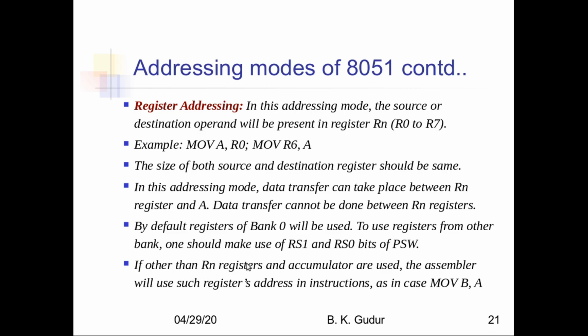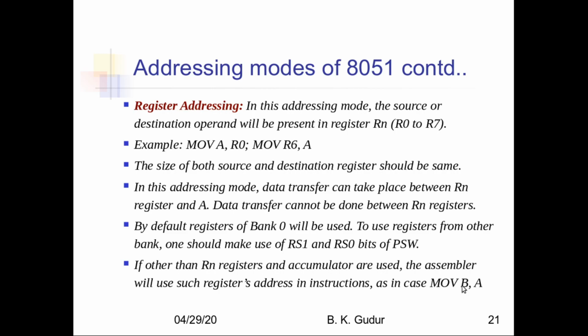If registers other than Rn registers and the accumulator are used, the assembler will use such a register's direct address in the instruction, as in the case of MOV B, A. Here you may consider this as a register addressing mode, but basically it becomes a direct addressing mode, because to perform this operation B's direct address will be used.